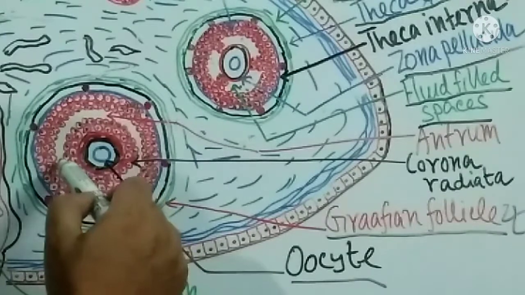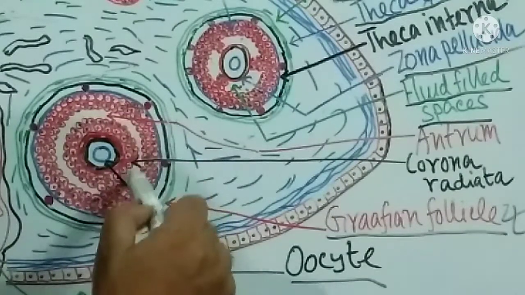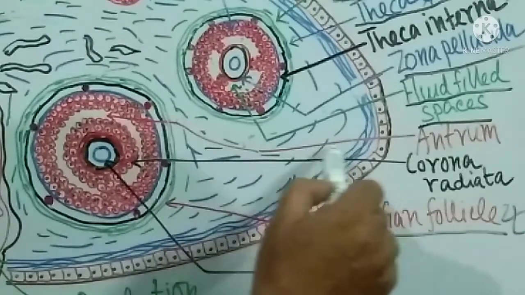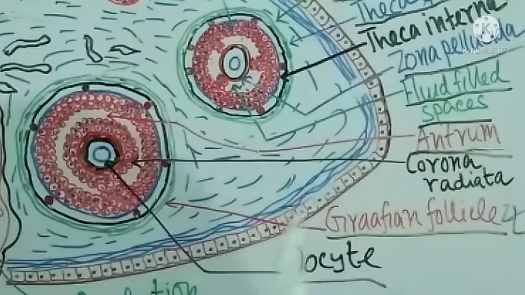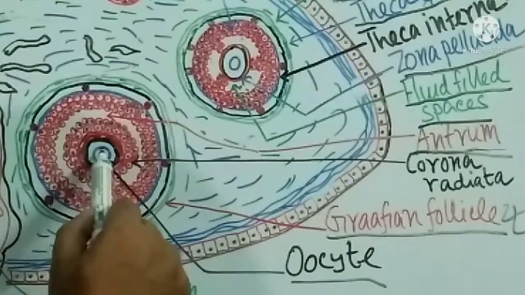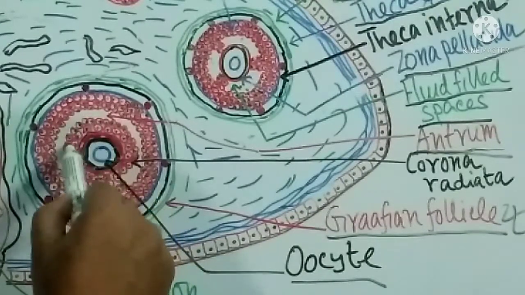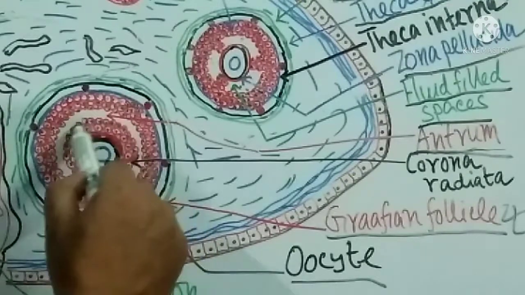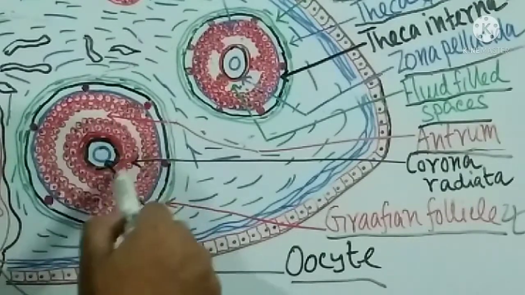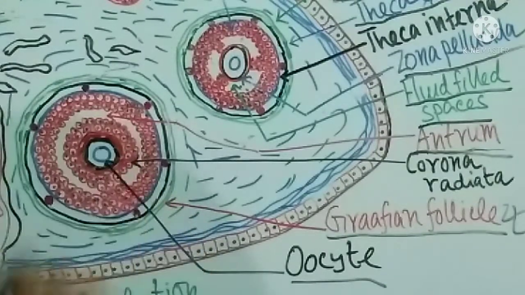This is fluid filled area which is called antrum or follicular antrum, and this secondary oocyte is surrounded by corona radiata. This cell layer is called corona radiata.